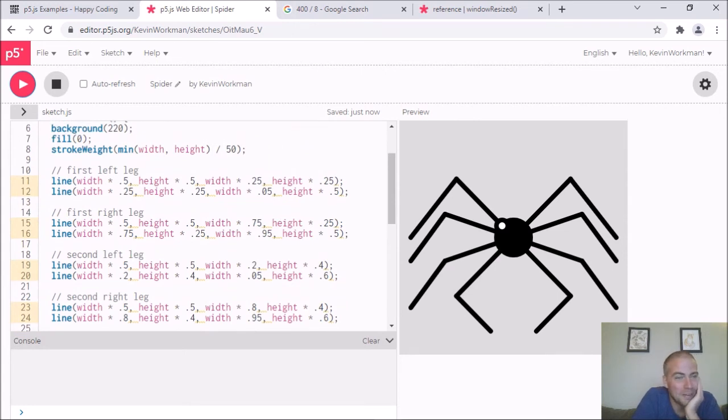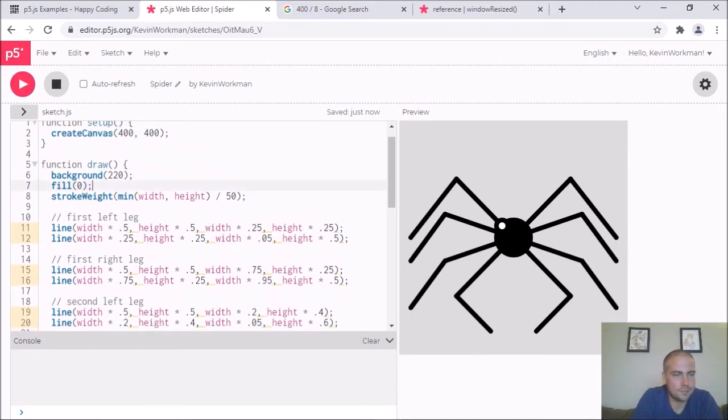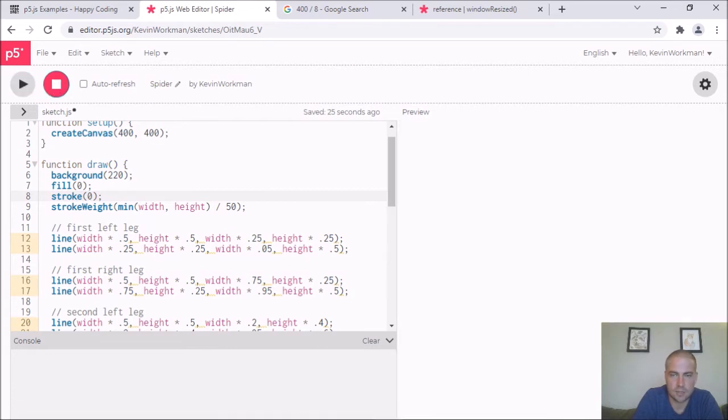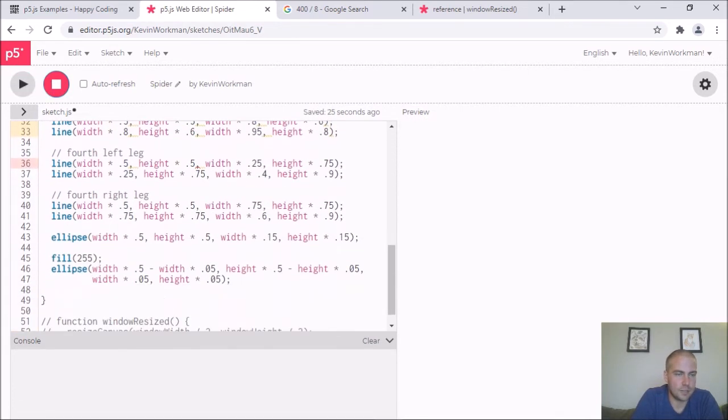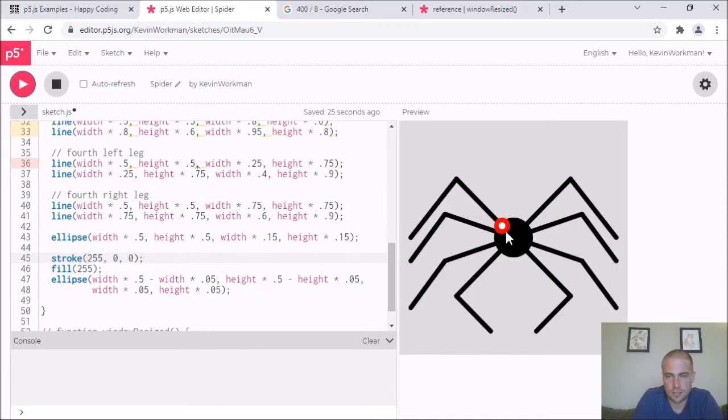Maybe I am. And just to kind of show what I mean by that, what I'll do is stroke 0, which is just the default, so I'm not changing anything yet. And then down here, when I draw my eye, I'll say stroke red, just to show you what I'm talking about. So see the outline of the circle is what's making it look so weird.